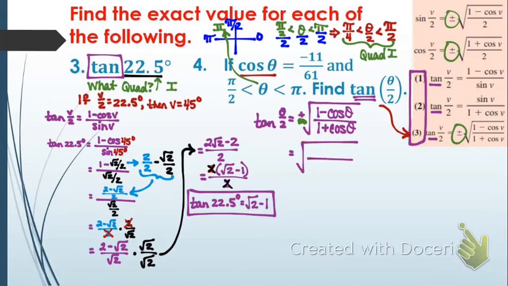So I need my enormous square root. 1 minus negative 11 over 61, over 1 plus negative 11 over 61. We are working with some disgusting fractions for a moment.